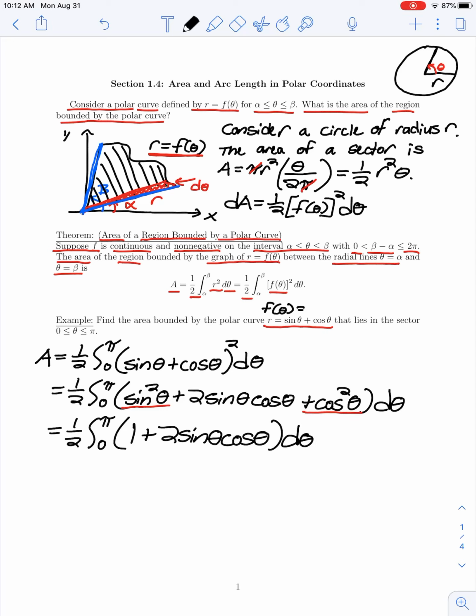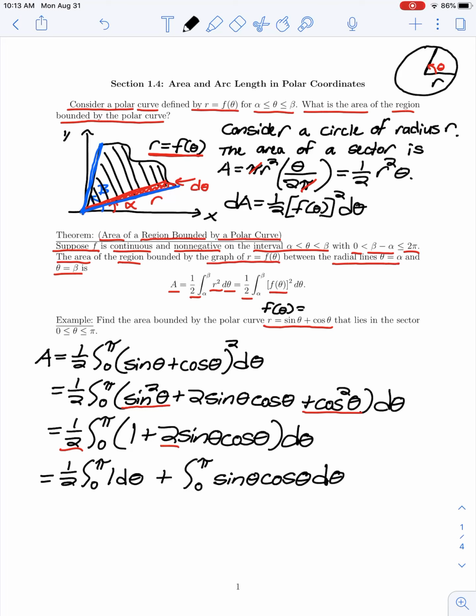So at this stage, we're ready to integrate. We could start by splitting this integral up into two pieces. It'll make our work a little easier to explain here. So I have first off 1/2 the integral from 0 to pi of 1 d theta, and then plus the constant 1/2 times 2 sine theta cosine theta, that reduces to just sine theta cosine theta d theta from 0 to pi.